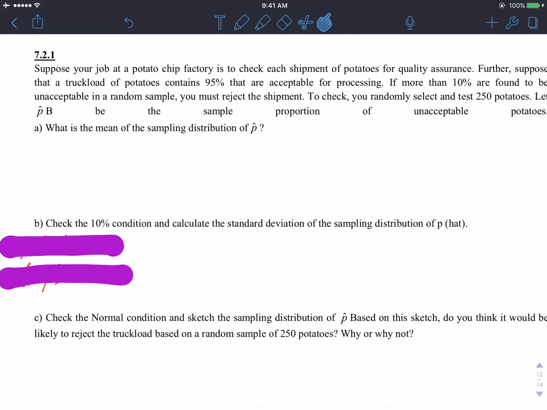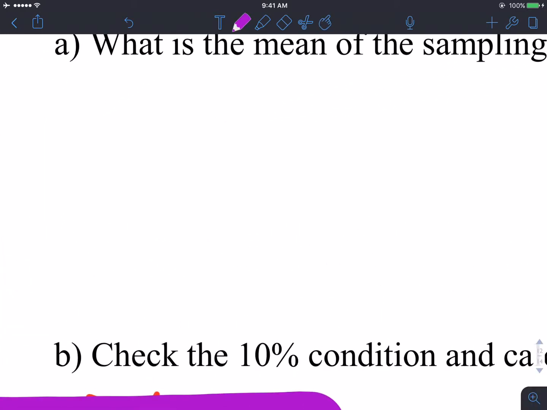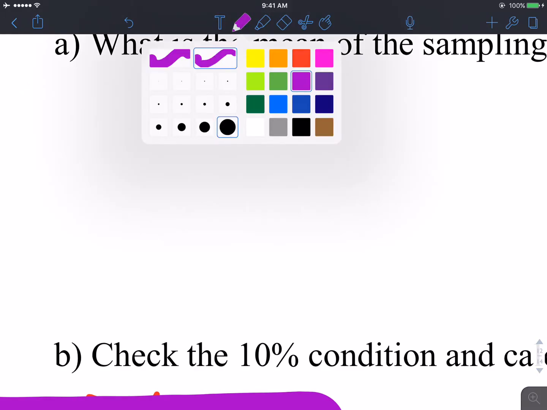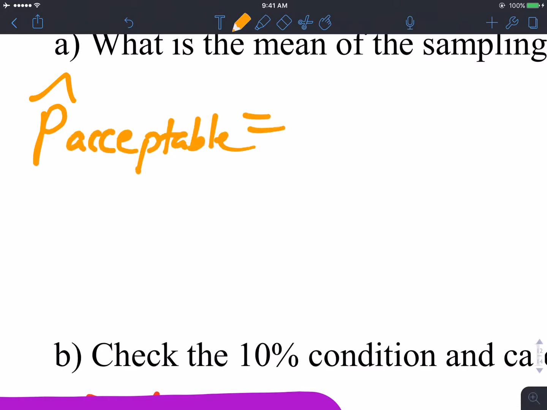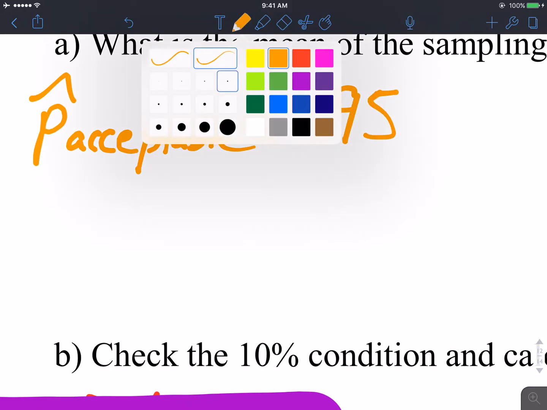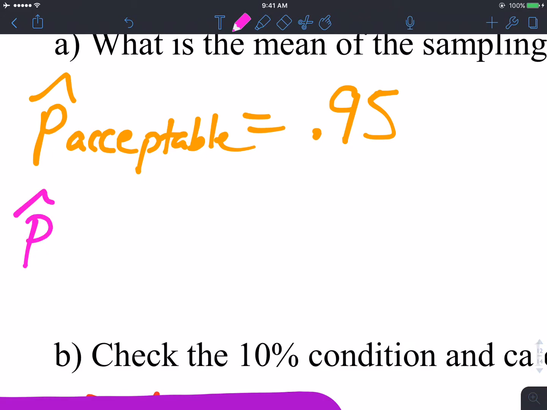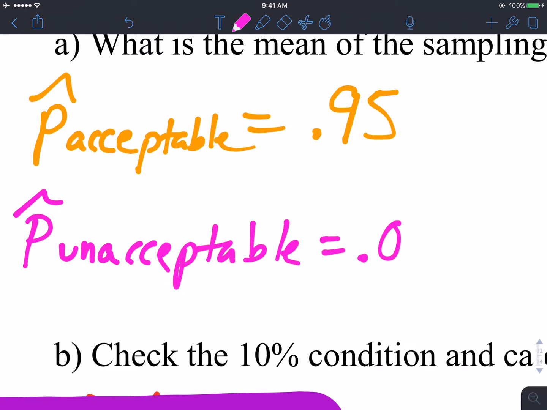So if the proportion of acceptable equals 0.95, that means the proportion estimate of unacceptable equals 0.05.